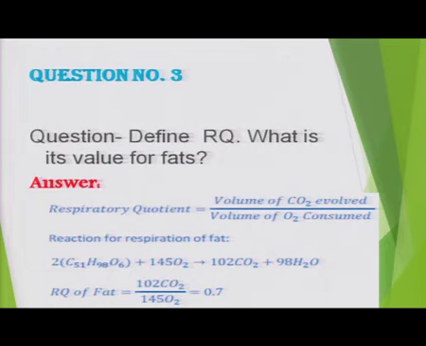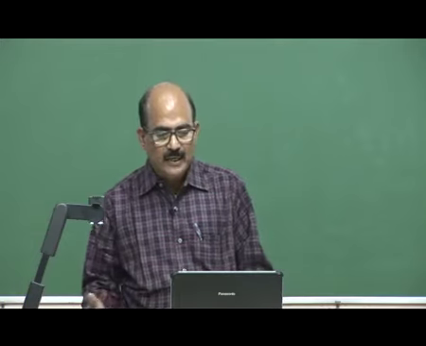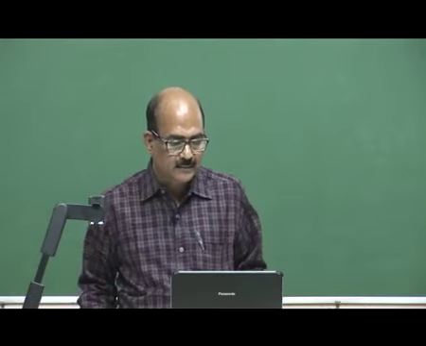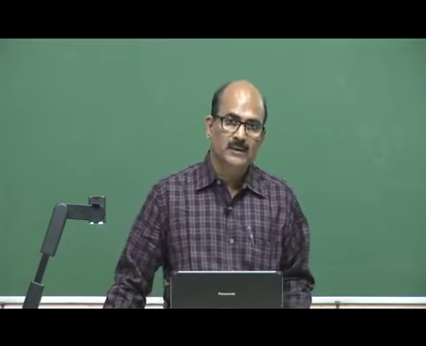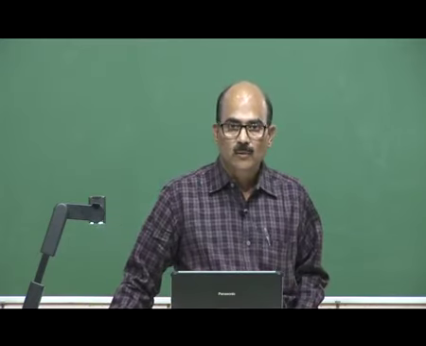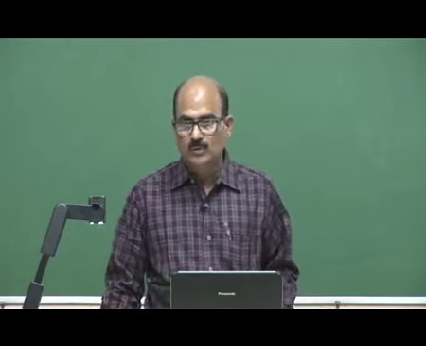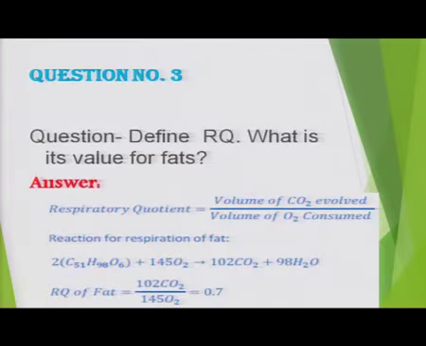As we have already known, for different types of respiratory substrate, the RQ value is different. It depends upon what type of respiratory substrate is used. In case of glucose molecule, the RQ is 1. For fat and proteins, RQ is less than 1.